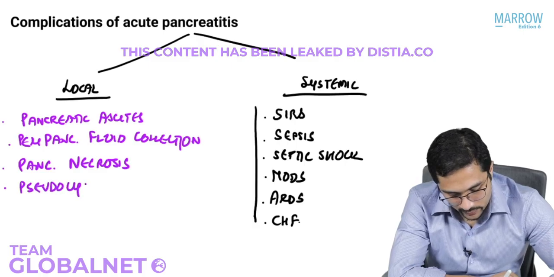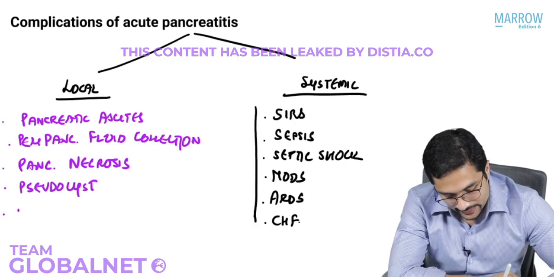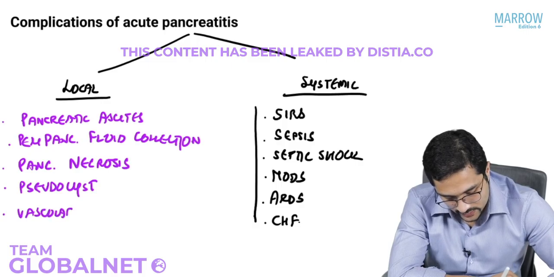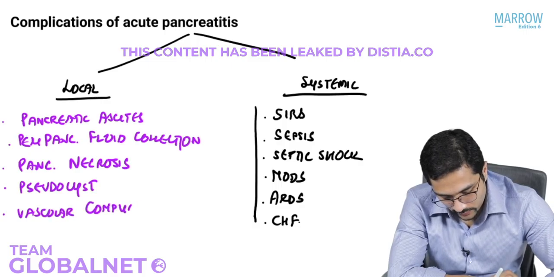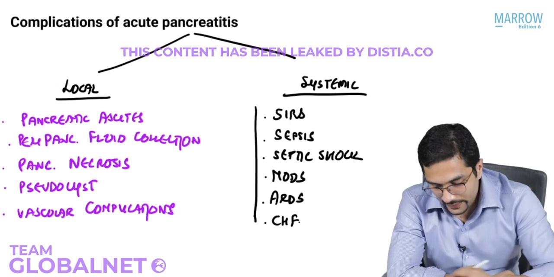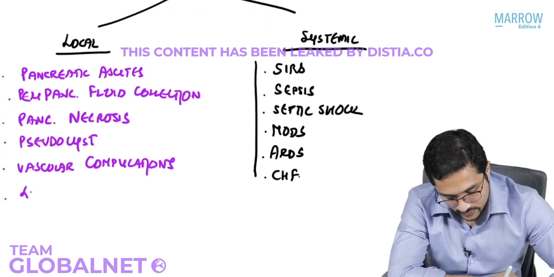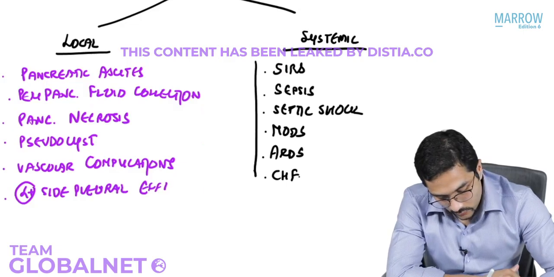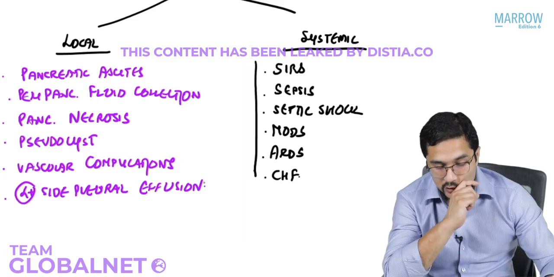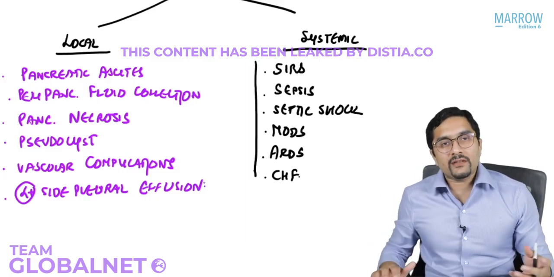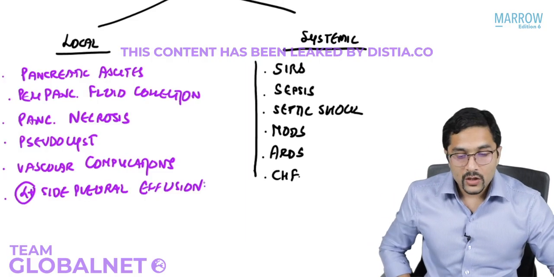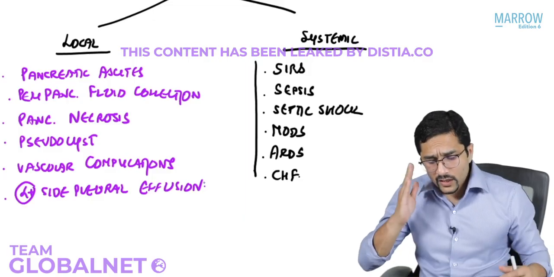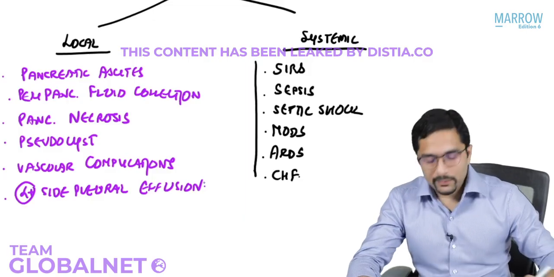All these we will talk about in detail. Then there can be vascular complications, which I will also talk about. And these patients can also develop left-sided pleural effusion. So you should know these complications because this in itself is a short note which is asked in the college exams. So let's talk about these complications one by one.